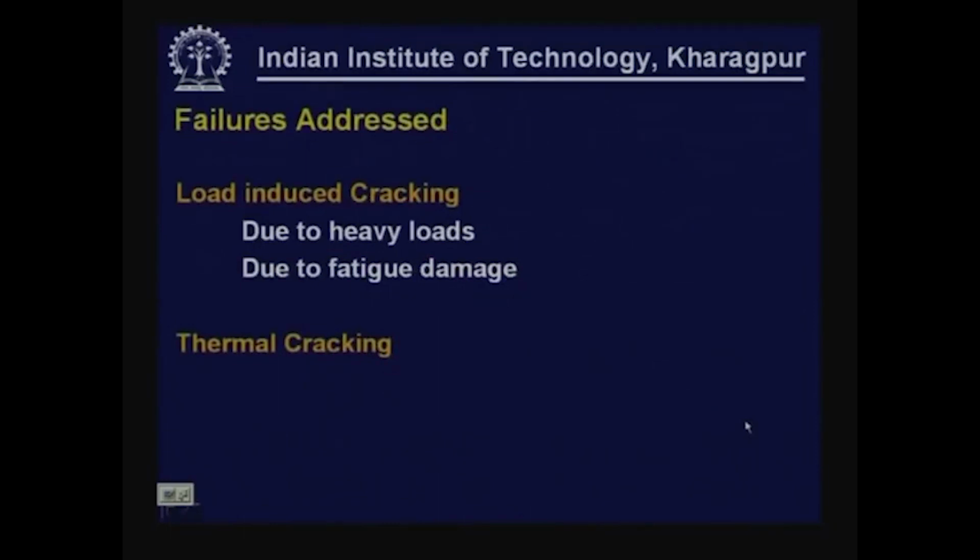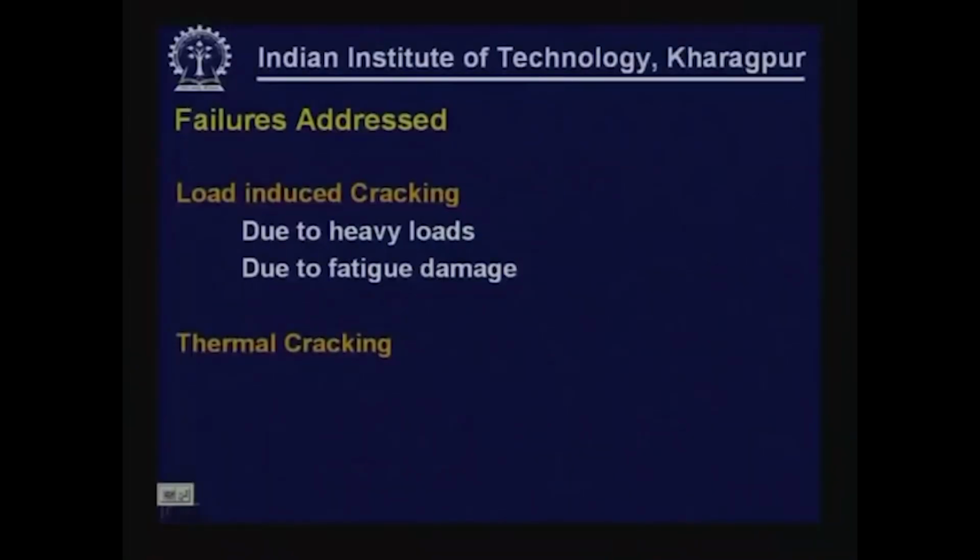Now, let us see what are the failures that have been addressed in IRC 58, 2002 version. Load induced cracking because of application of very heavy loads. Cracking can be because of two main reasons. A very heavy load is applied which induces tensile stress which is more than the strength of the concrete. That single load itself can lead to cracking of the slab.